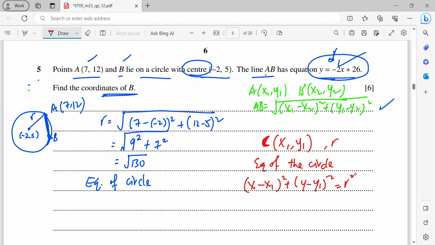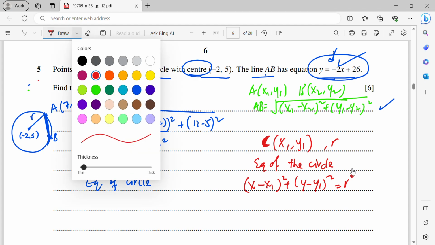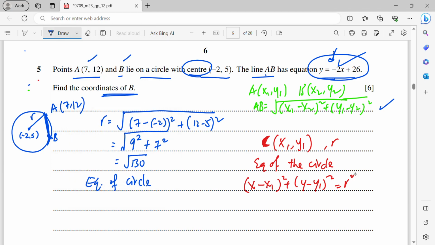So provided x1 and y1 are the coordinates of the center, and here my center is given as -2 and 5. Therefore, this is going to be (x minus -2) squared plus (y minus 5) squared equals radius squared, so the square root of 130 squared.